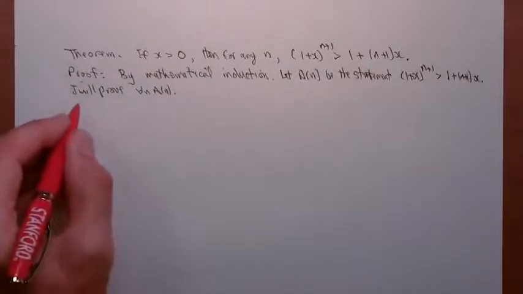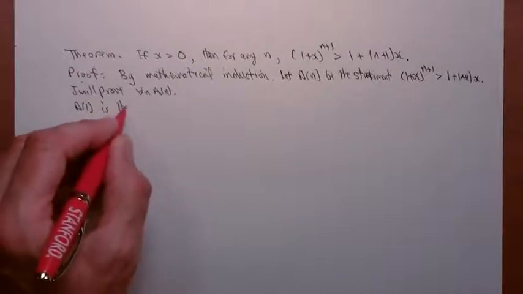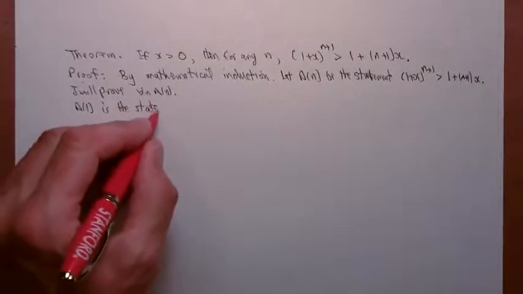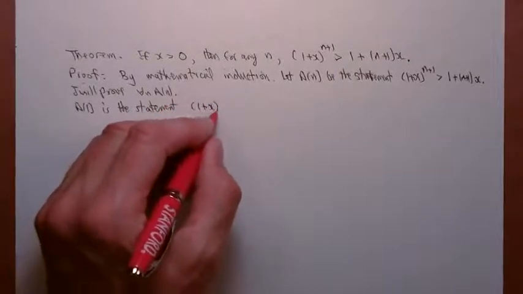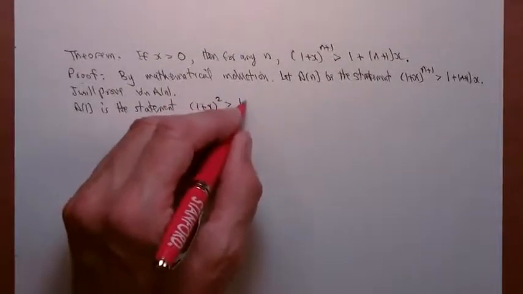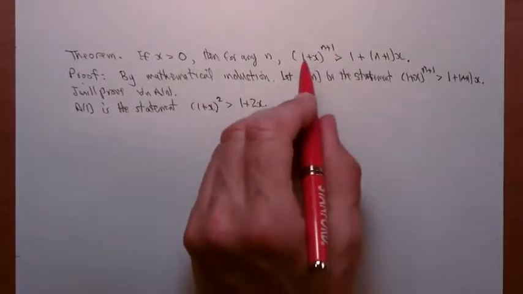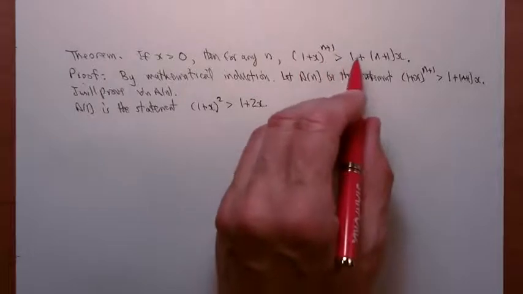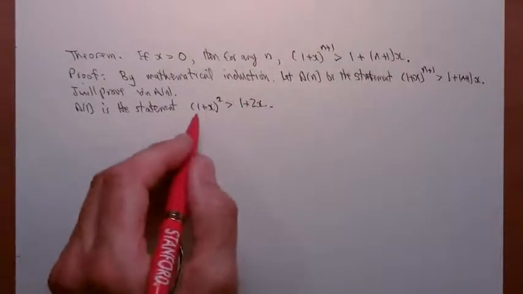Well, the first step is to prove A of 1, and A of 1 is the statement (1 plus x) squared is bigger than 1 plus 2x. We put n equals 1 here, we get (1 plus x) squared greater than 1 plus 2x. Is this true? Well, the answer is yes.